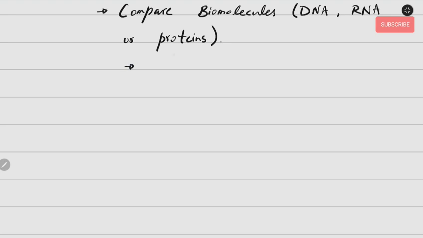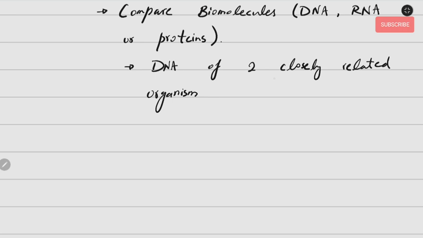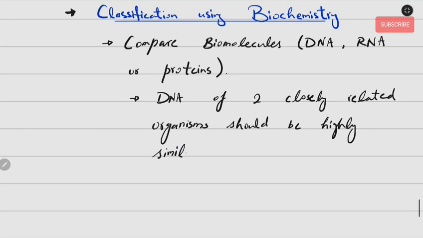Let's say we extracted the DNA of two organisms and compared it. The DNA of two closely related organisms must have highly similar sequences.